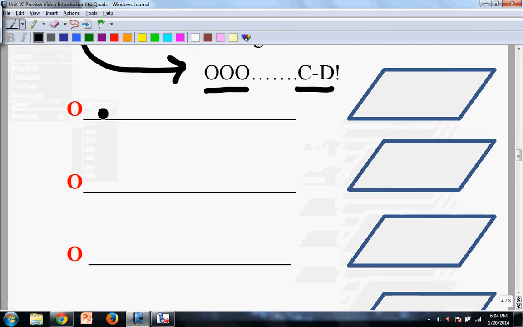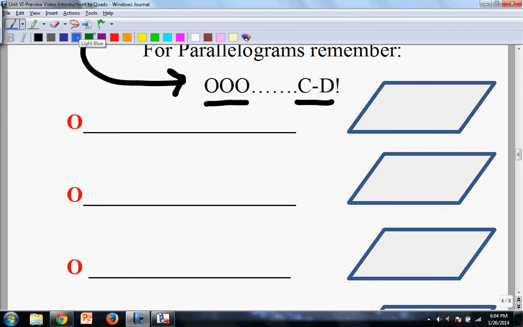Properties of parallelograms. The first property of a parallelogram is the fact that opposite sides are parallel. The second one you should be familiar with is not only are opposite sides parallel, but opposite sides are congruent.